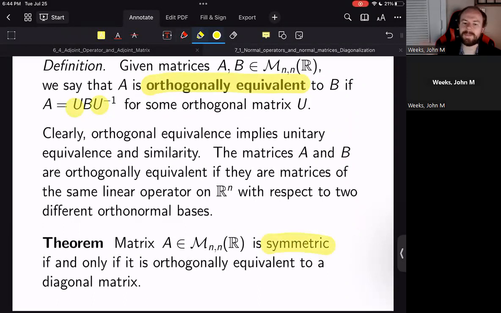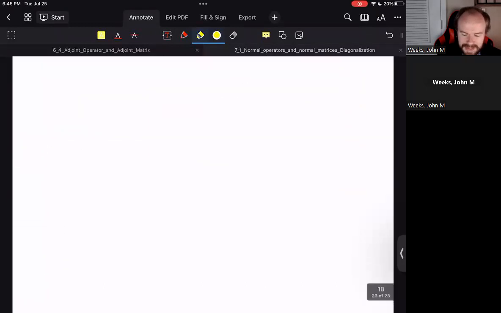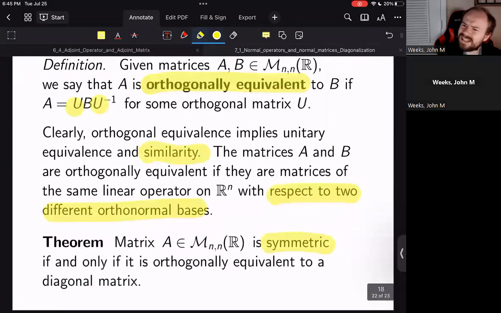That happens if and only if it's orthogonally equivalent to a diagonal matrix. So this is a very special type of similarity once again. And these two things are orthogonally equivalent if and only if the matrices are the same linear operator. When I say they're kind of doing the same thing, it just means that the orthonormal bases are looking slightly different on these spaces. But that kind of does it for us today.